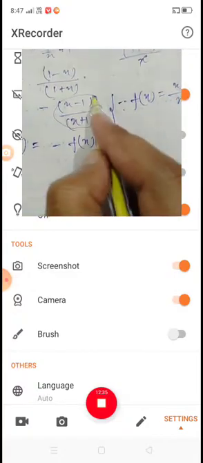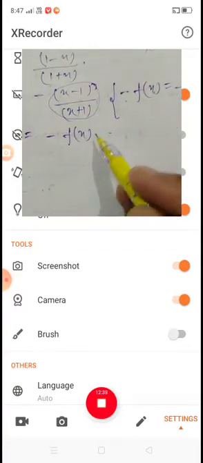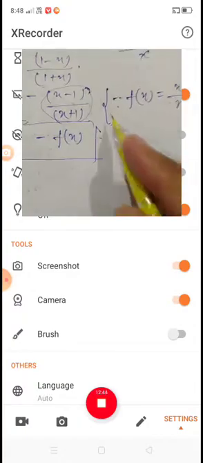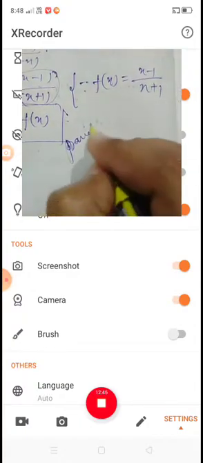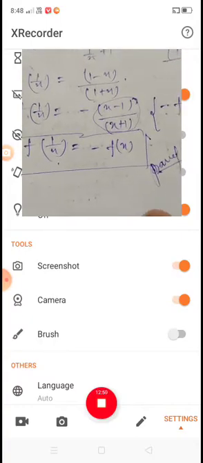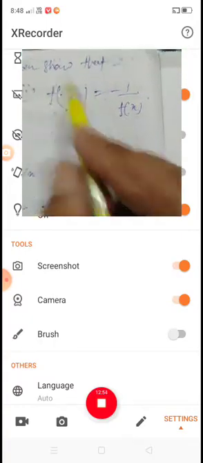Hence proved that result. Okay, so dear students, we solve the next point. We can prove the next point in the same way.